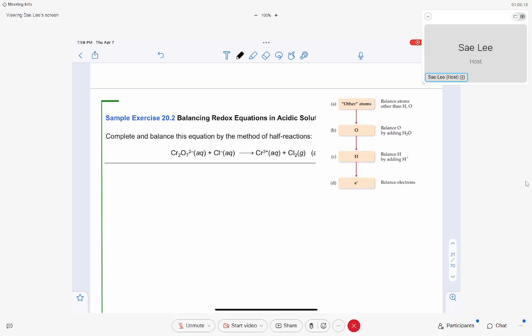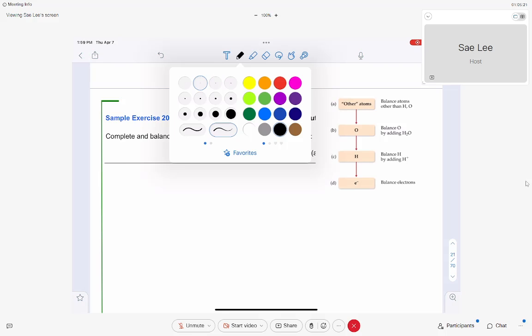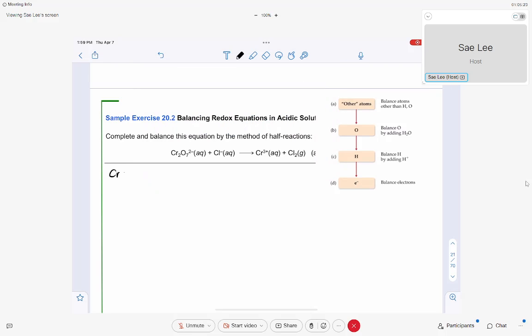If we assign the oxidation numbers for chromium, the oxidation number of chromium changed from positive 6 to positive 3. Chromium is reduced. The oxidation number decreased, became less positive.